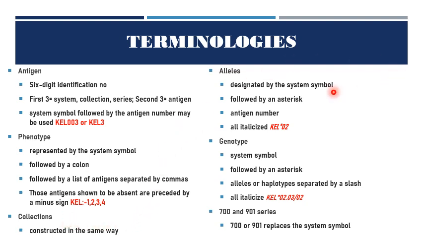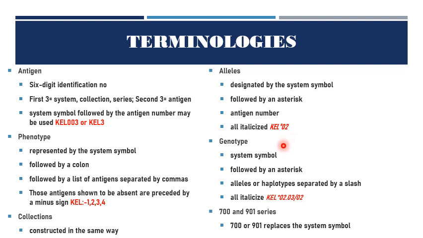Alleles are designated by the system symbol followed by an asterisk, this one, system symbol asterisk, and followed by the antigen number, and they are all italicized.